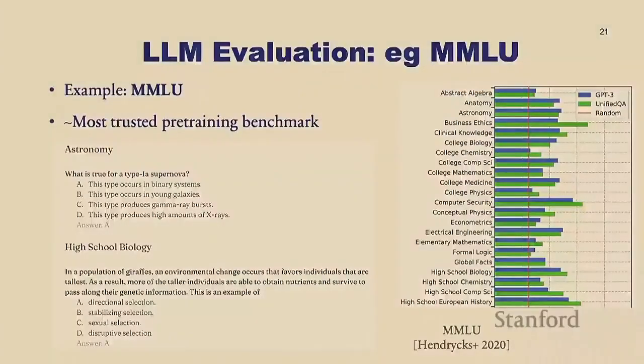The way you would evaluate MMLU is basically either you ask the question, and then you look at the likelihood of the model generating A, the likelihood of generating B, C, and D, and you look at which one is the most likely. Or you can ask the model, out of A, B, C, D, which one is the most likely, and you look at whether the most likely next token is A, B, C, or D. So you constrain the model to say it can only answer these 4 things.